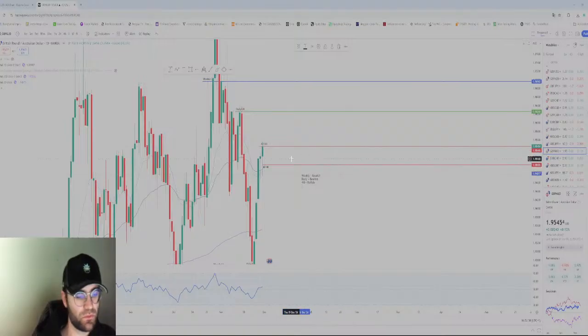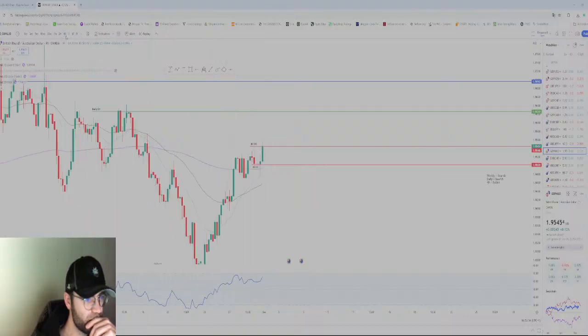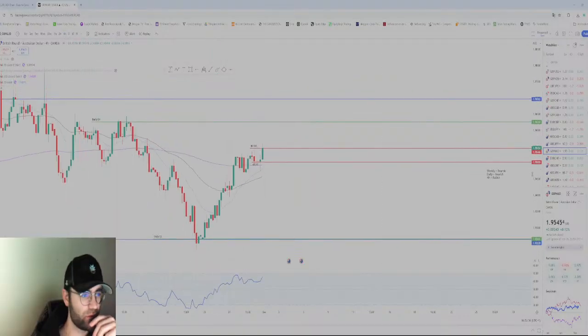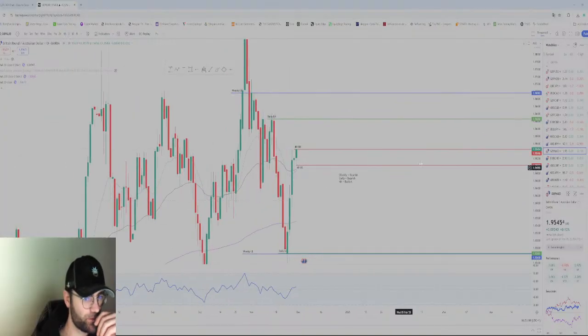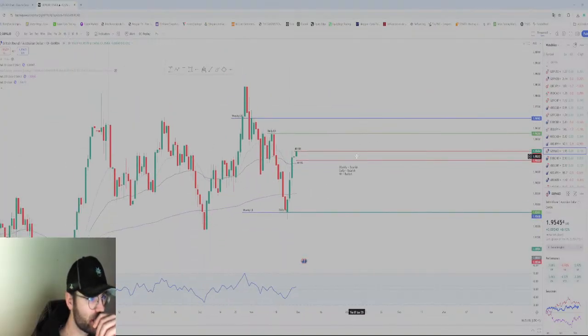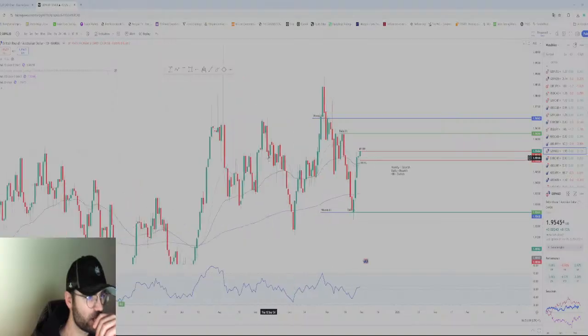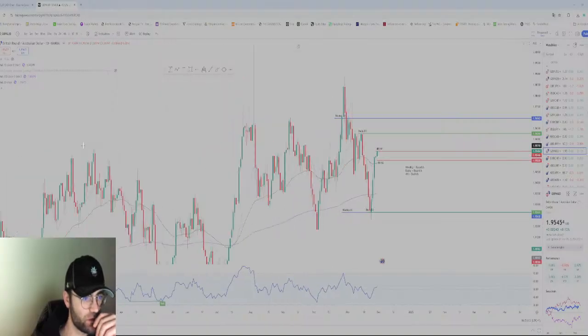This seems nice. This could indeed be a nice trade, but are we at an area of interest? Let's see. 2 touches here, another touch. Yeah, I think this is an area of interest.